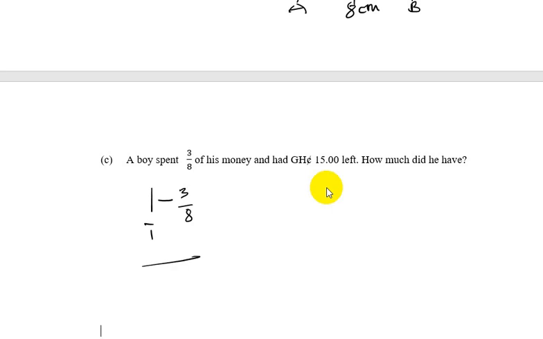If you find the LCM, it is 8. 8 goes into 8 1 time, times 1 gives 8, minus 3 gives us 5 over 8. Okay, that's the fraction of the money left.